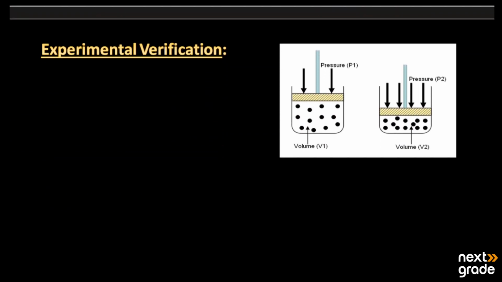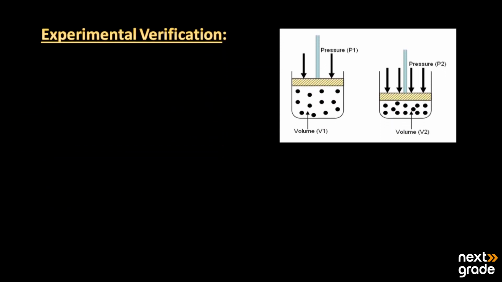Okay, next we have its experimental verification. To prove that law, an experiment must be carried out. In this picture, you can see cylinder number one and cylinder number two. Here the volume of the gas is high, and the pressure we applied is 760 torr.